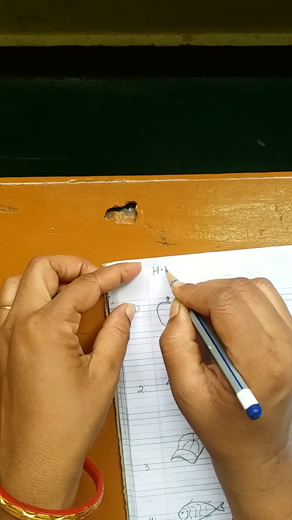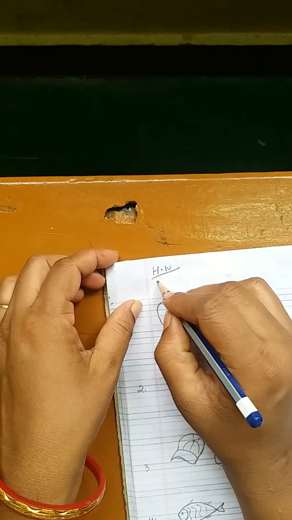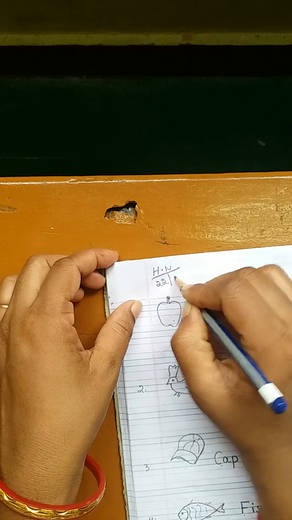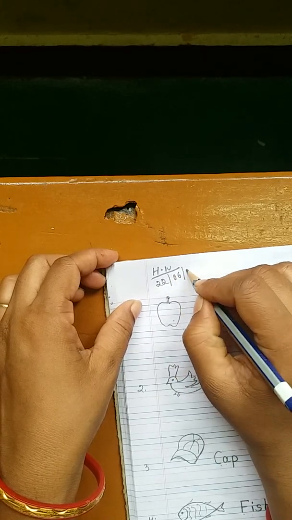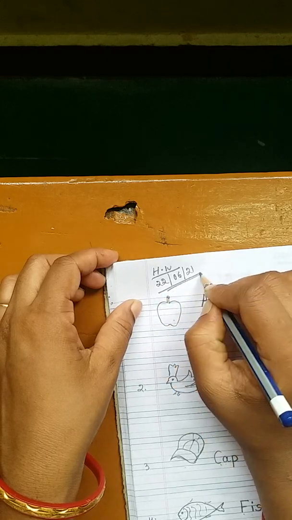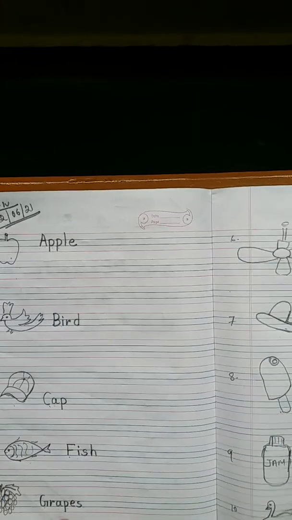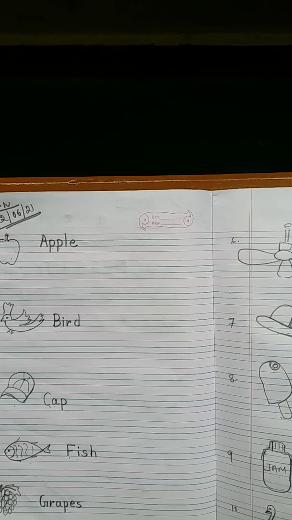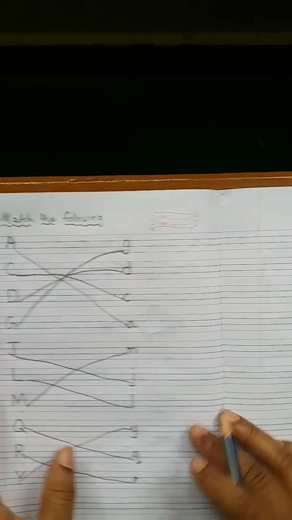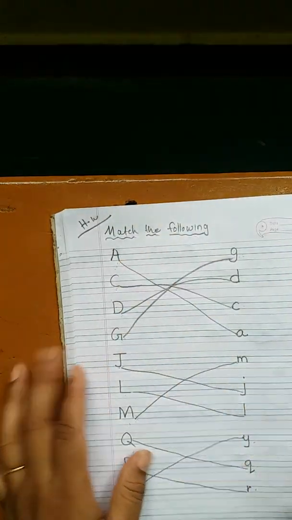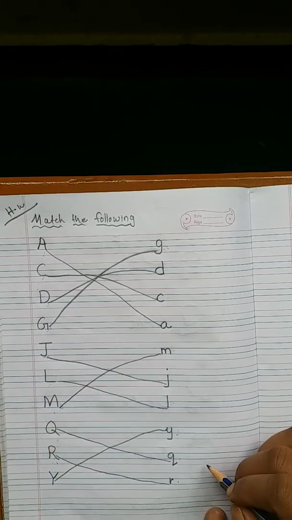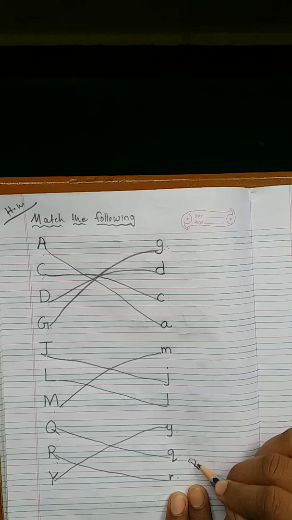And today is 22nd, the date is 22nd June 21. Write today's date and write all the names of these pictures in your copy. And you also have to practice this in your copy, and practice for the exam also.